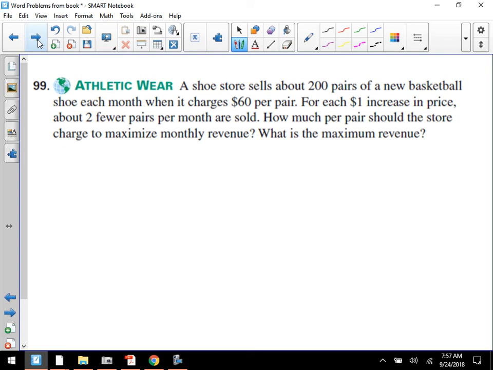A shoe store sells about 200 pairs of shoes when they charge $60 a pair. For each $1 increase in price, about 2 fewer pairs per month are sold. How much per pair should the store charge to maximize monthly revenue? What is the maximum revenue? A lot going on there. But what are the two things that they're talking about?